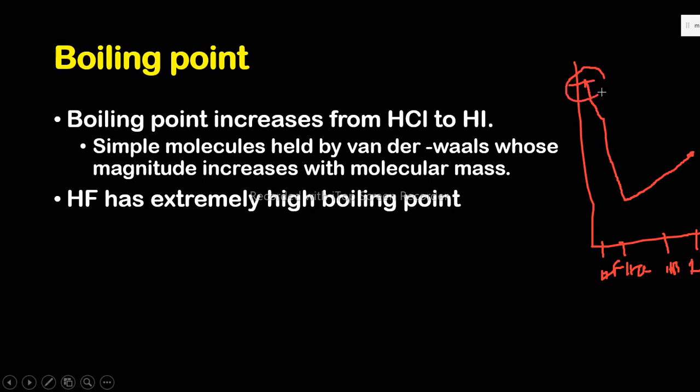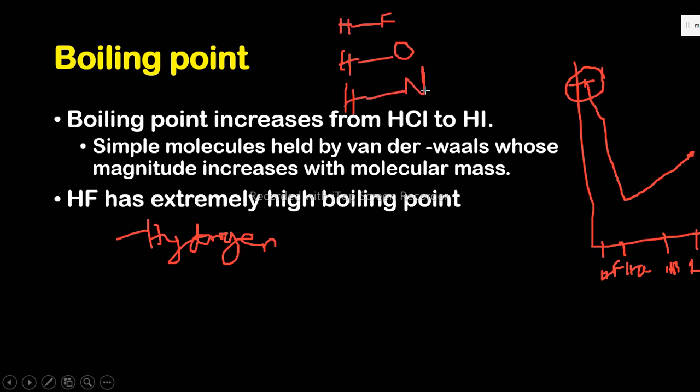So hydrogen fluoride has an abnormally high boiling point, and the answer goes to hydrogen bonding. I'll take you back to bonding, where I told you that hydrogen bonds form where hydrogen is directly bonded to fluorine, oxygen, or nitrogen. Why these?